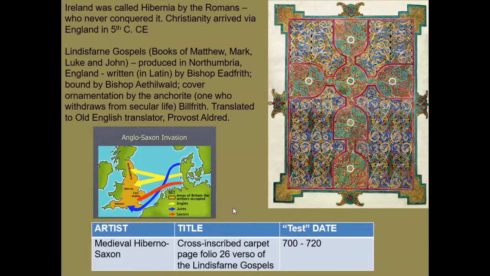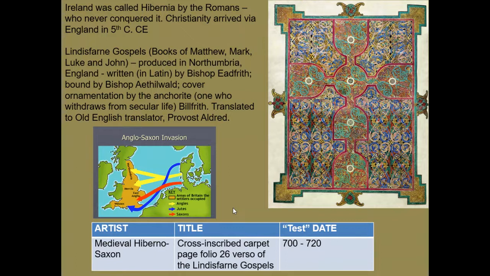An anchorite is someone who has withdrawn from earthly life and isn't exactly a monk, but is living a life of prayer within a monastery, and the anchorite's name is Bilfrith. So essentially the work is combined. It is primarily the script writing of Edfrith, the illustrations of monks under his rule, and then of course the completion of the book under another bishop and another craftsman. We also know a lot about the book because it is combined with its translations by Provost Aldred.